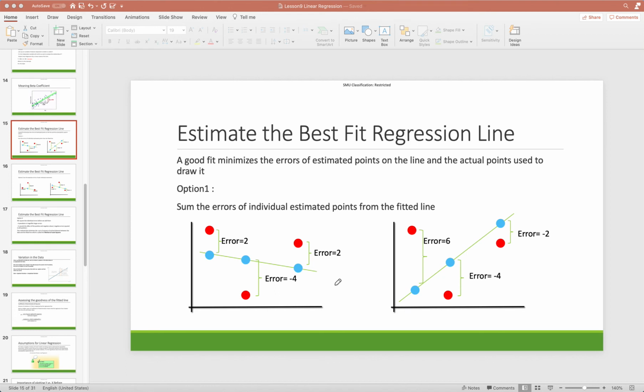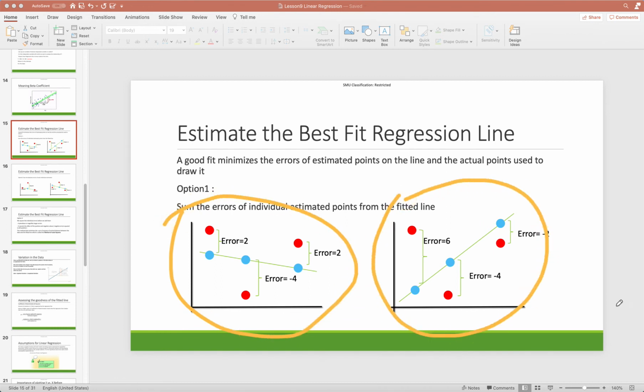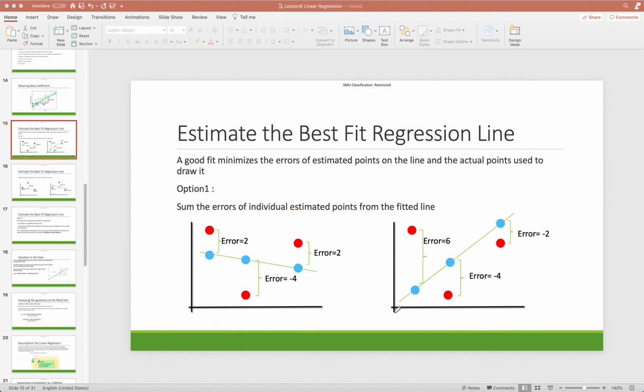So how should we aggregate the errors such that they help us find the line of best fit? Let's look at this example and this example, and compare them. If I ask you to add up the total error, this is basically 0. So 2 plus 2 minus 4 is 0.